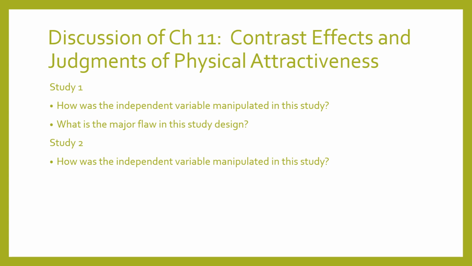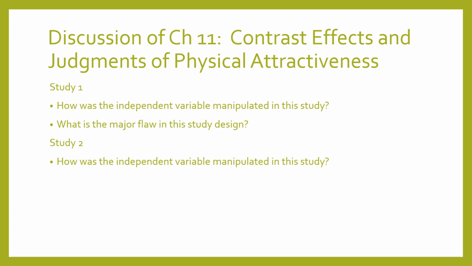So in study 1, the independent variable was the type of TV show watched prior to making an assessment on somebody's attractiveness. So one was a TV show with highly attractive women, and the other was a more neutral video. And in study 1, the dependent variable was basically having participants rate the physical attractiveness of a woman in a photo.